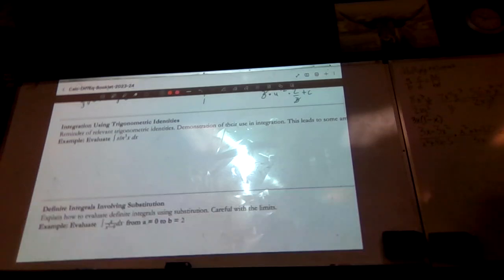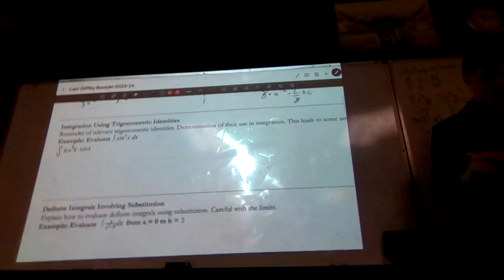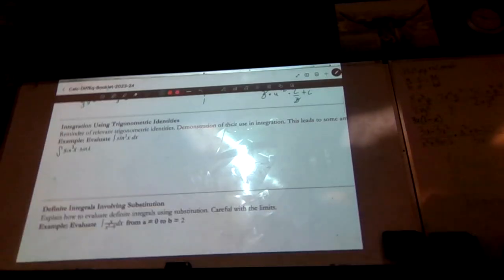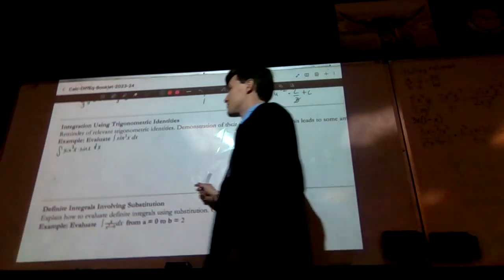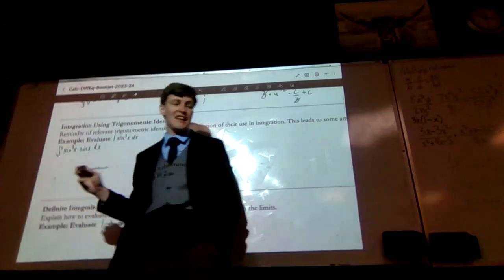Sine squared. So I'm going to say this is the integral of sine times sine squared, and then sine squared is equal to 1 minus cosine squared. Perfect. So sine squared times sine of x dx.